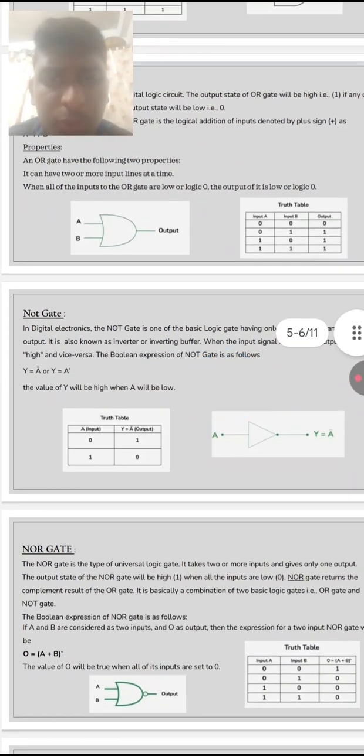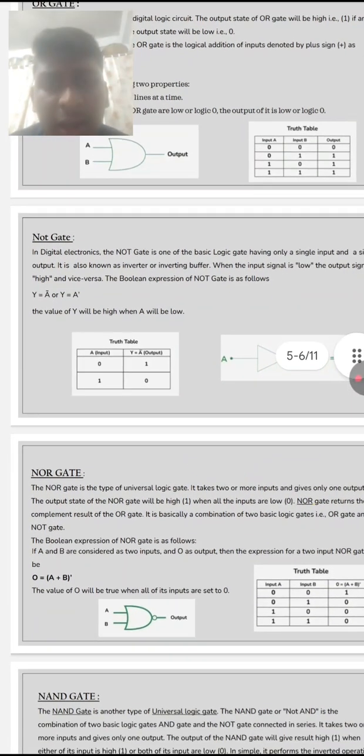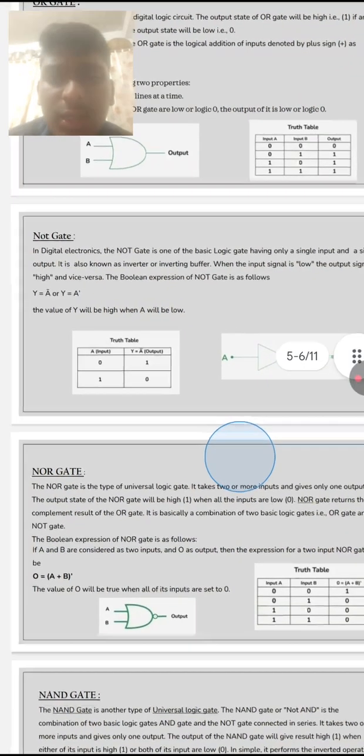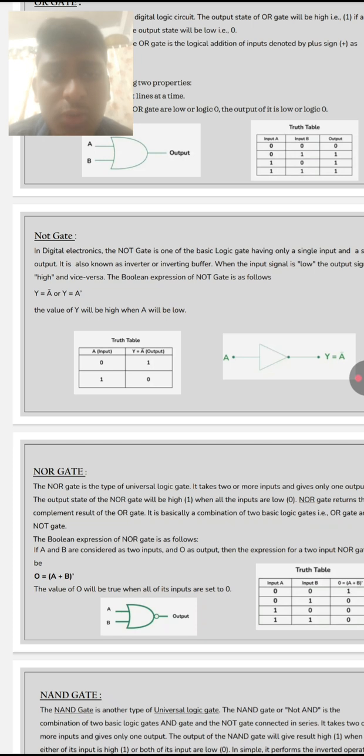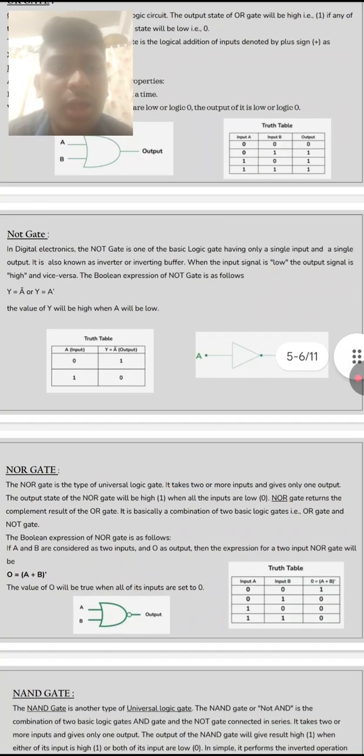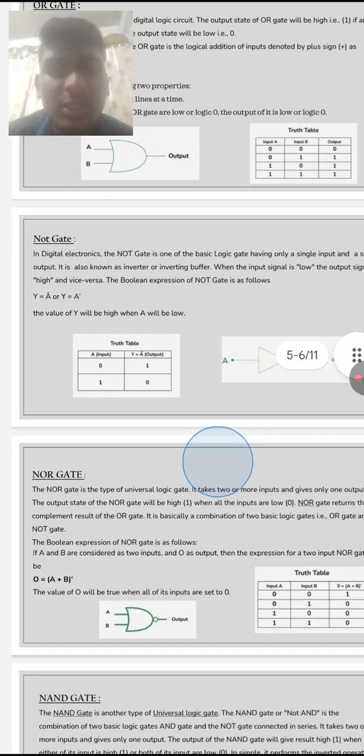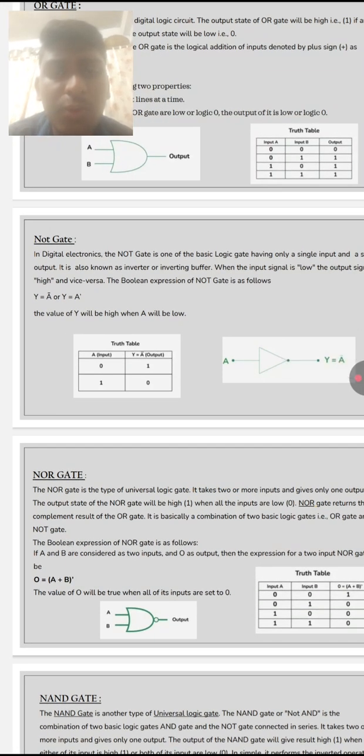Now we are moving to the NOT gate. In digital electronics, the NOT gate is one of the basic logic gates having only a single input and a single output. It is also known as an inverter. When the input signal is low, the output signal is high and vice versa.